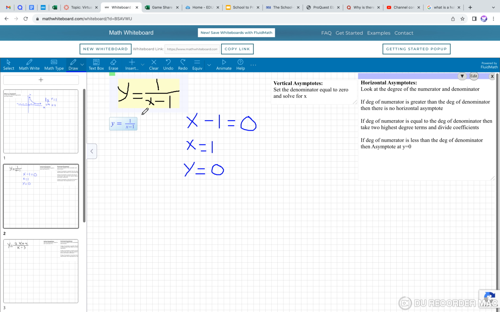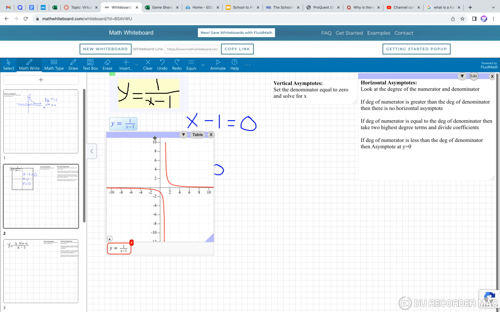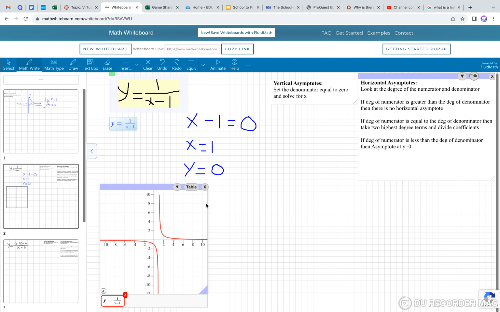And now using the math whiteboard, we can check our answer. We said there should be a vertical asymptote at x equals 1, and it appears to be so.